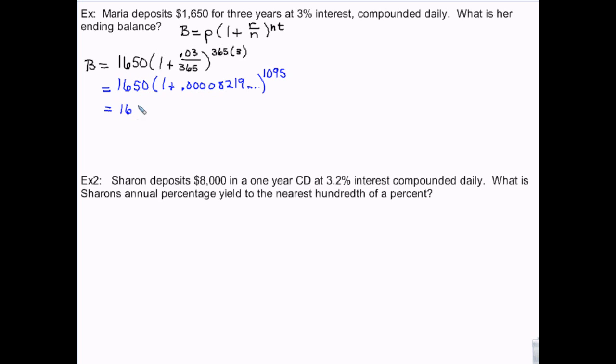Then I'm going to add 1 plus all that, and I'm going to get 1.00008219 and so on. Then I'm going to raise this to the power of 1095, and I'm going to get 1.094 and some other stuff. And then I'm going to multiply those two. And I'm going to round to the nearest penny because we're talking about money and we don't have parts of pennies.